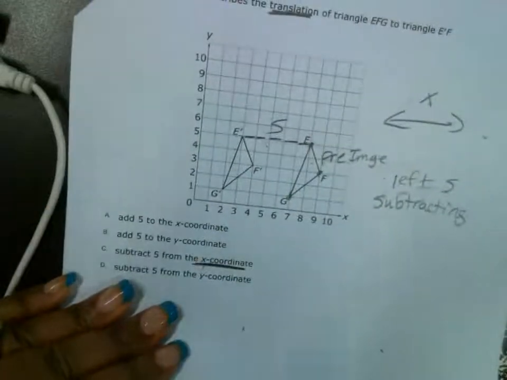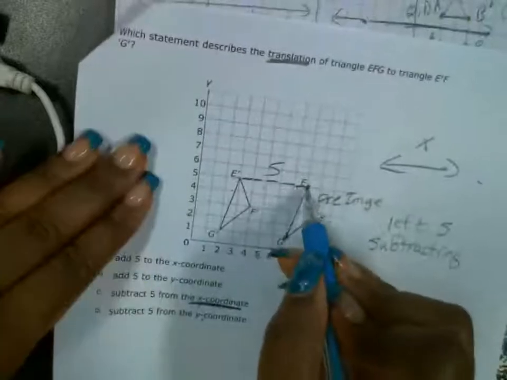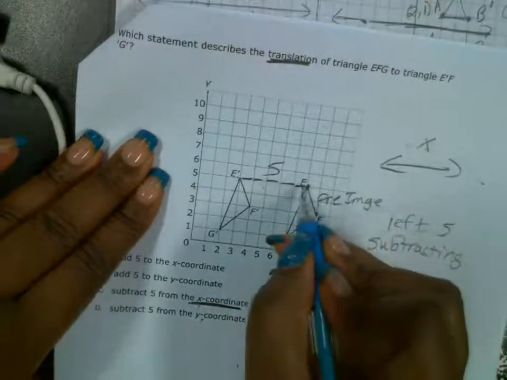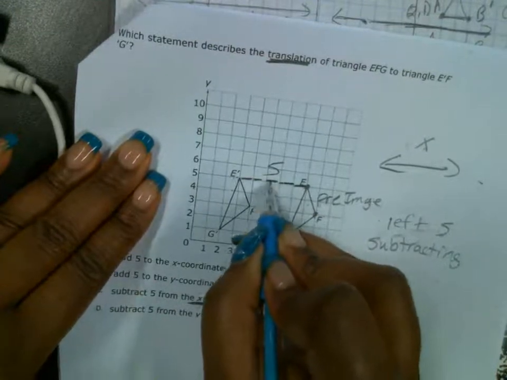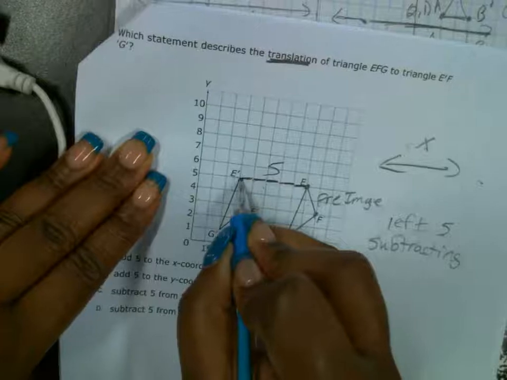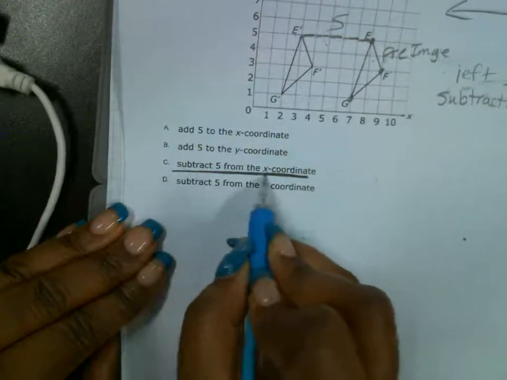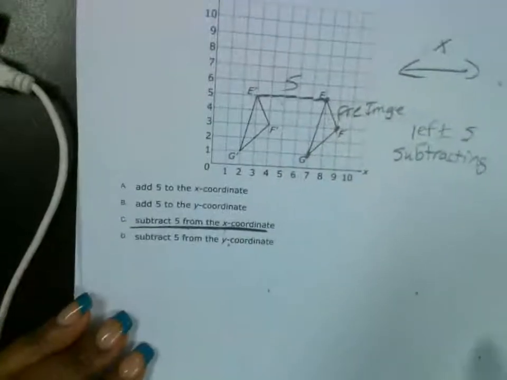If it went down, then that would be talking about the Y coordinate. So since it went to the left, you're going to subtract. So how much are you going to subtract? 1 space, 2, 3, 4, 5. So that's why this is the answer. You subtract 5 from the X because you're going to the left. Does that make sense now?